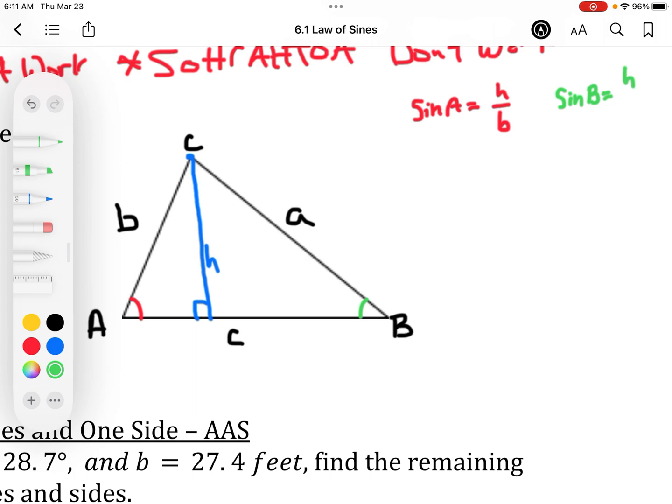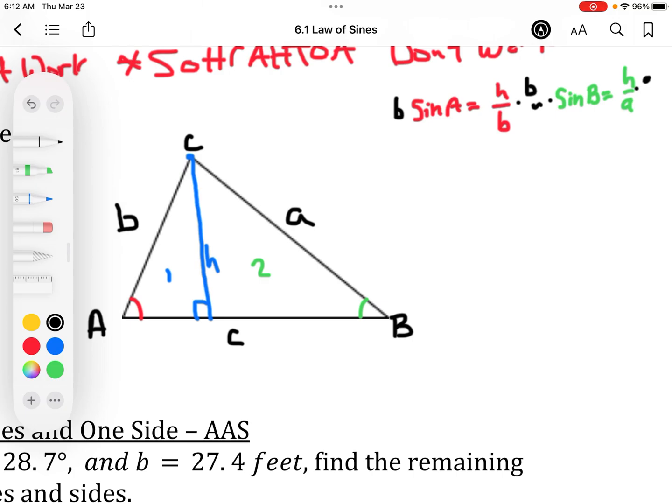Sine of B is h over a, still the opposite length over the hypotenuse of this second right triangle. Sine of A and sine of B doesn't mean that they're the same angle. A and B don't have to be the same side length. But what we know is h is always going to be the same.